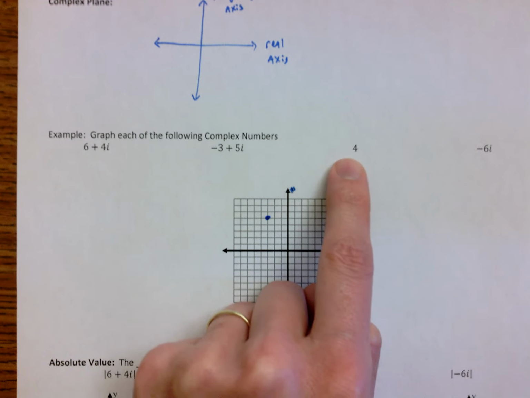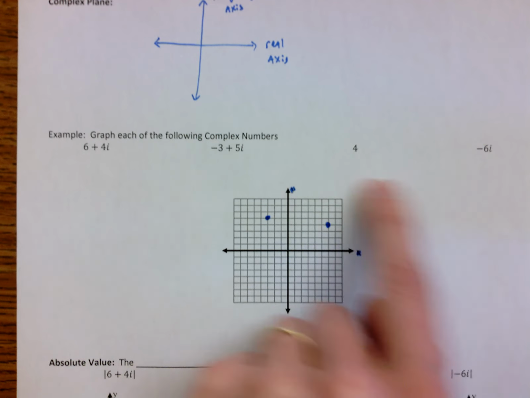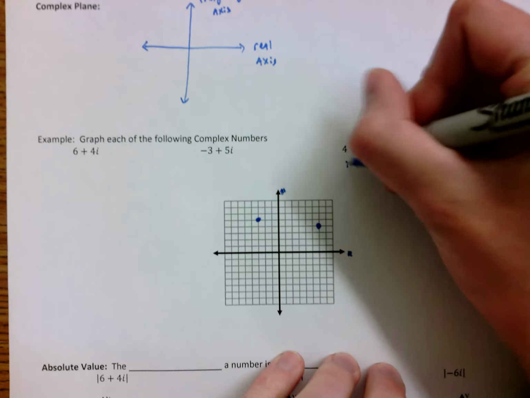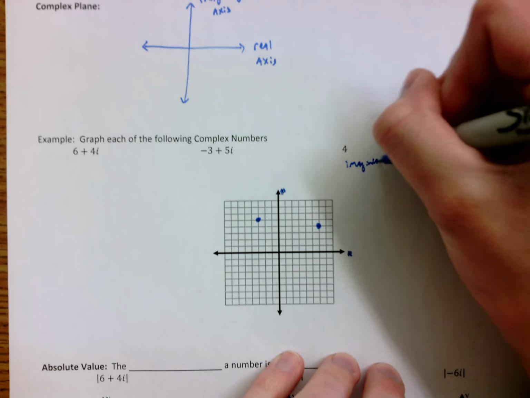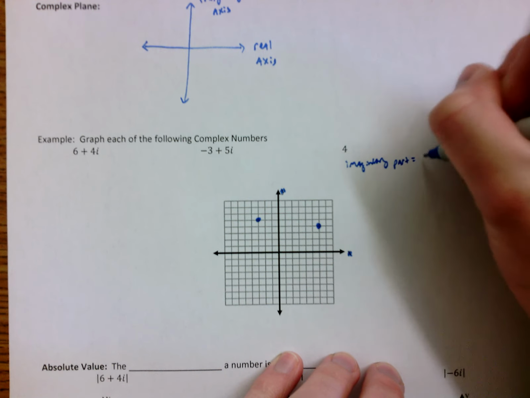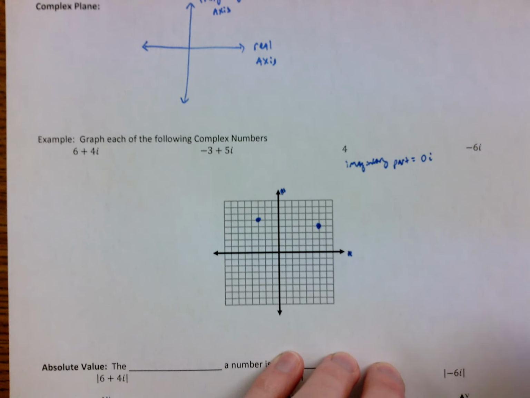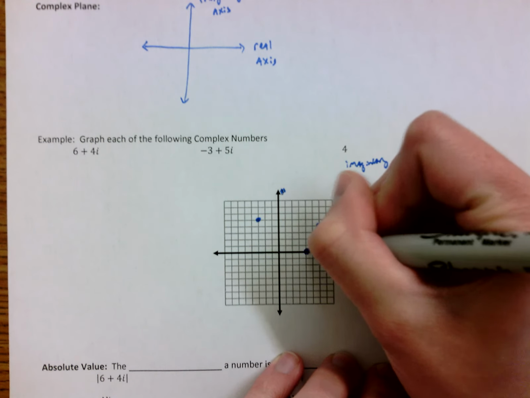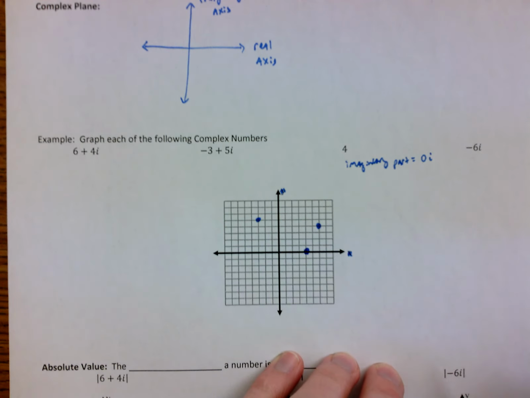All right, this guy right here, these are the two that'll throw you off. This one is a real number, right? So on this one, the imaginary part is 0i, because it's not written there. So I'm going to 4 on the real axis and 0 on the imaginary axis.